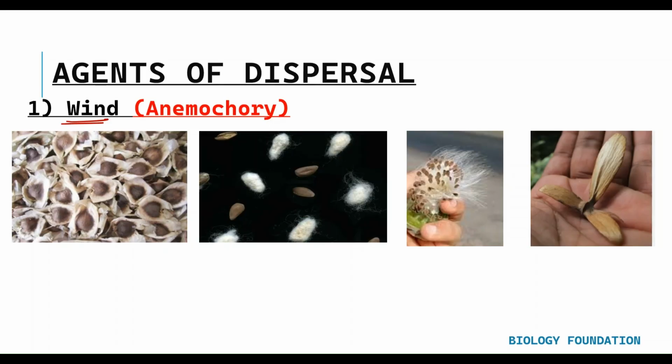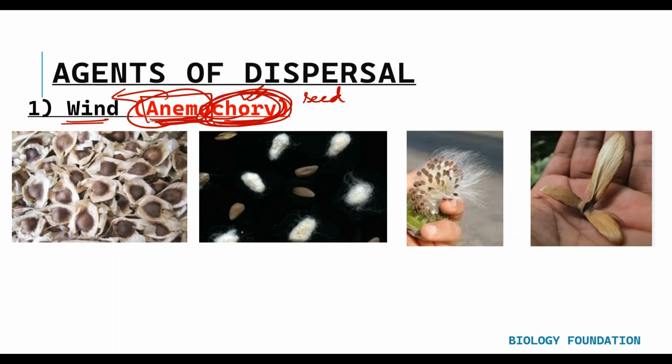If wind helps in pollination, you call it anemophily. But if wind helps in seed dispersal, then you call it anemochory. Anemo means wind, chory for dispersal of seeds. Okay.